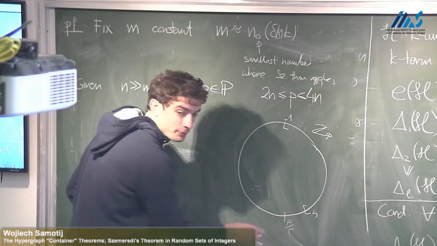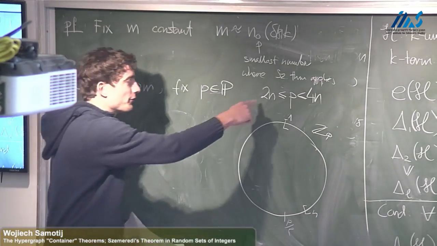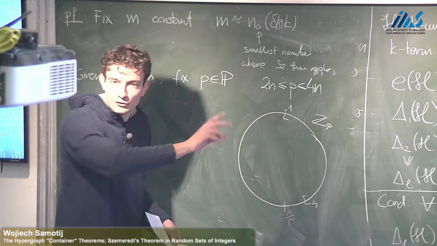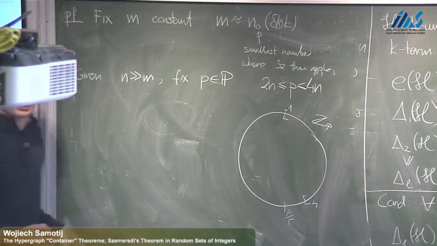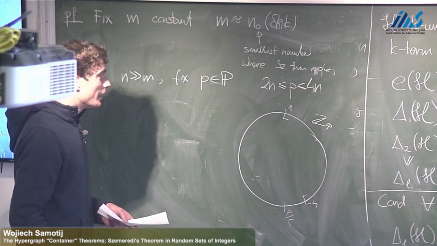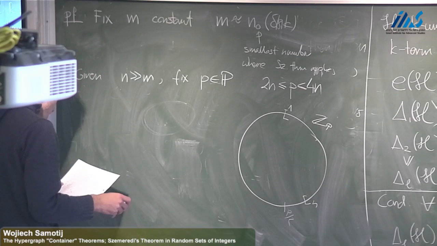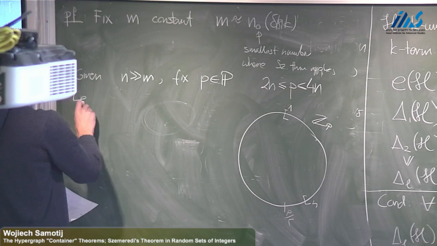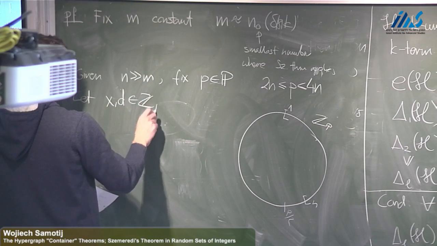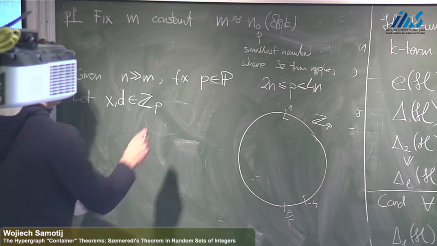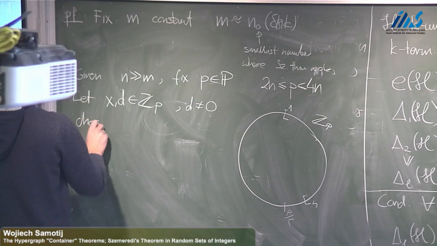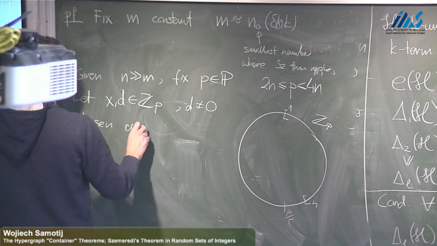Everything ends before p over 2, and p needs to be larger than 2n so that I don't have any arithmetic progression which wraps around and is not an arithmetic progression in the original setting. And now let x and d be two numbers from Z_p, d not 0, and I choose them uniformly at random.